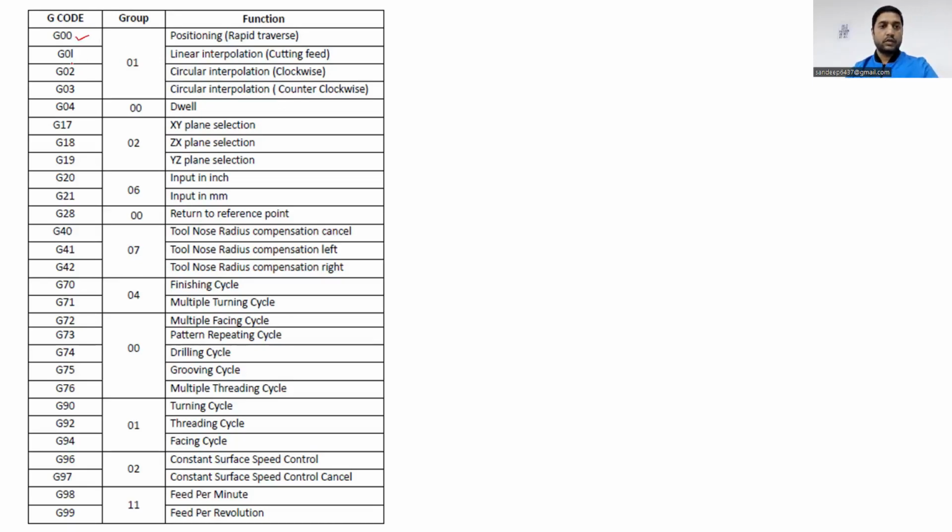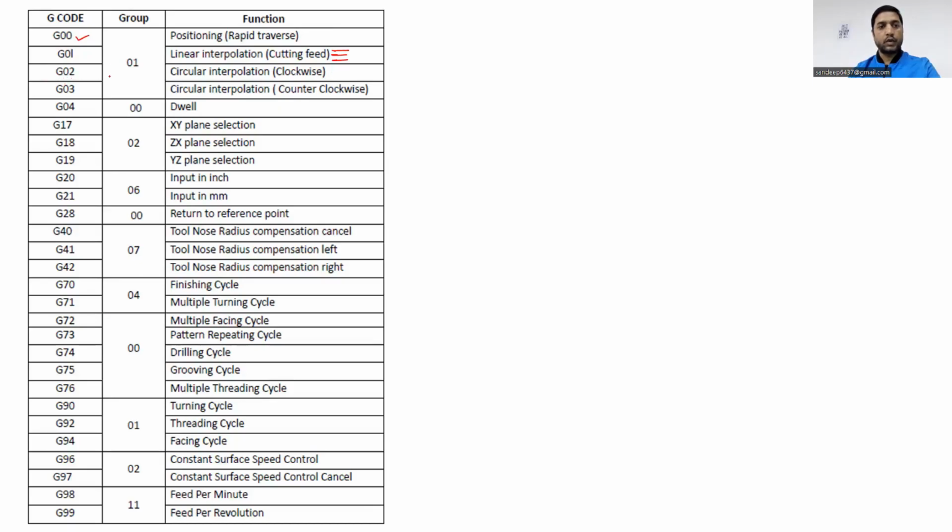Next, we have G01, which is for linear interpolation or cutting feed. When we are going to remove material from the workpiece in a straight line, we will use the G01 code. So remember that when we move the tool in a straight line and remove material from the workpiece, we use the G01 code.